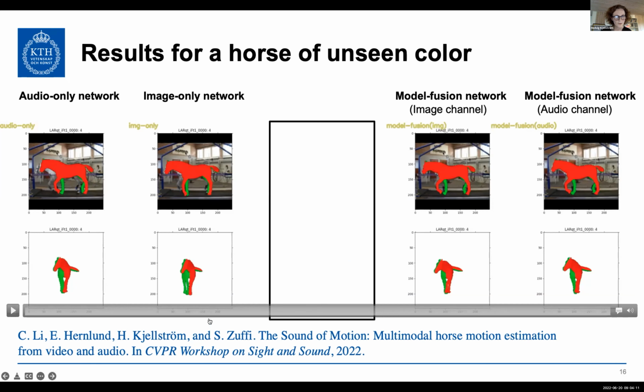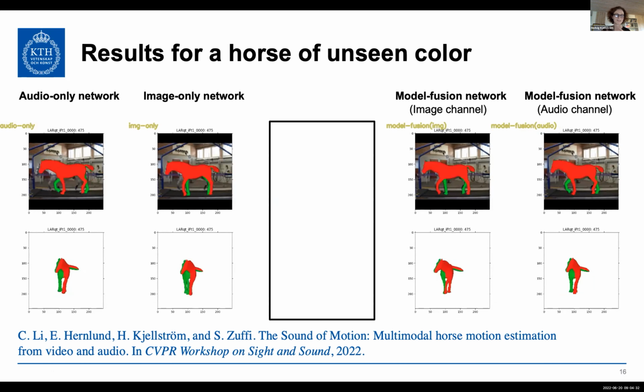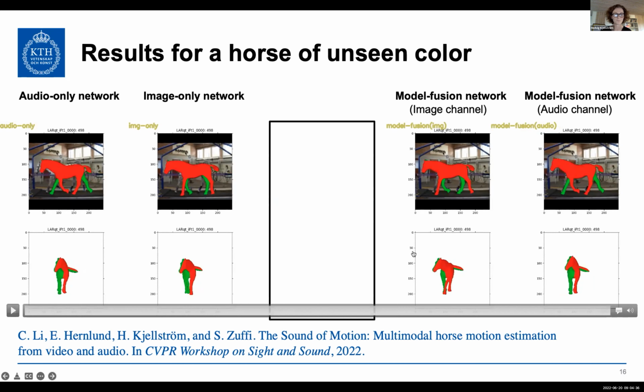Now it stops. Let me start again. While the audio does fine, but the horse is of course in the wrong place because the audio has no idea of spatial position. But when you fuse it, it takes the best information from the audio and from the video and fuses them.